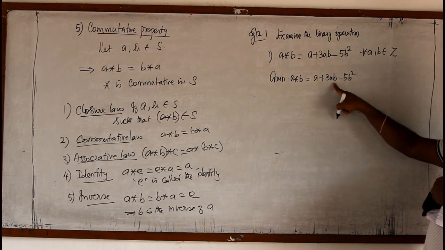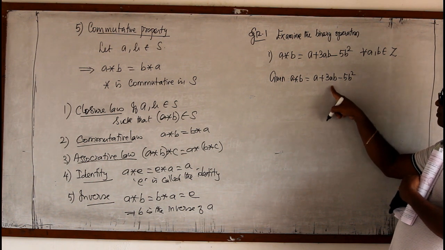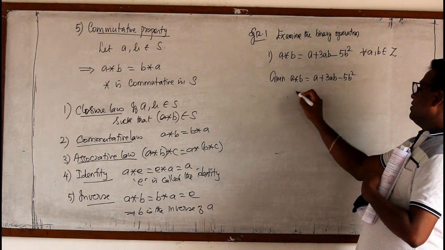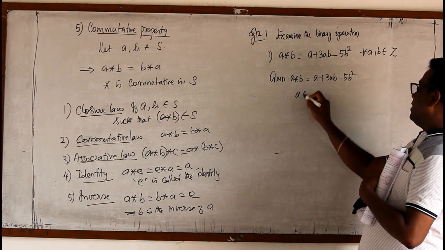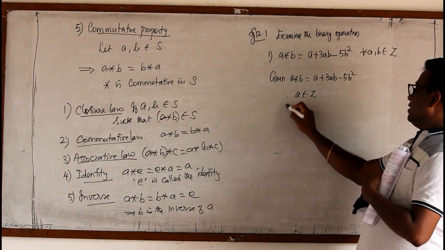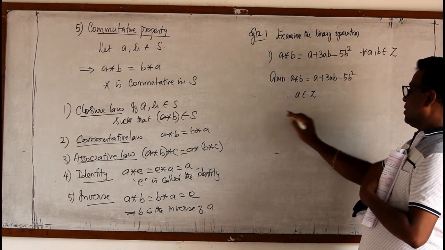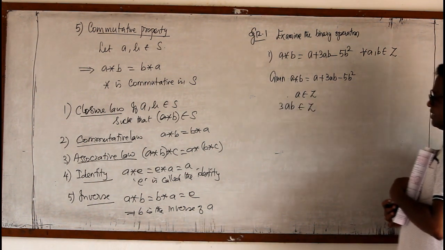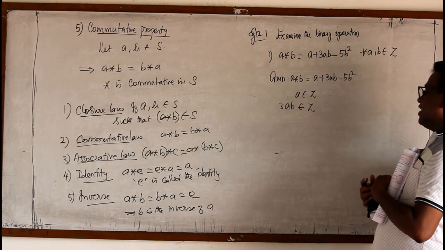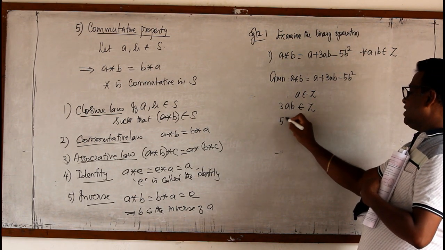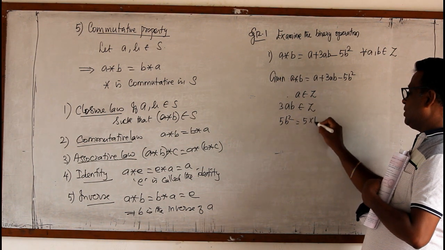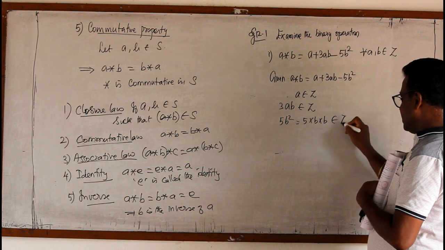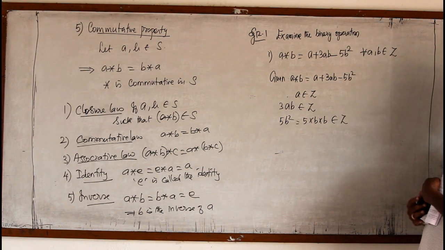So A into B, AB, that is another integer, so definitely AB will be in Z. A belongs to Z. AB into 3 is also belonging to Z because 3 into B is also an integer. Now 5 into B square means 5 into B into B. That is also 5B square, also belongs to Z. Therefore all these three numbers belong to Z.